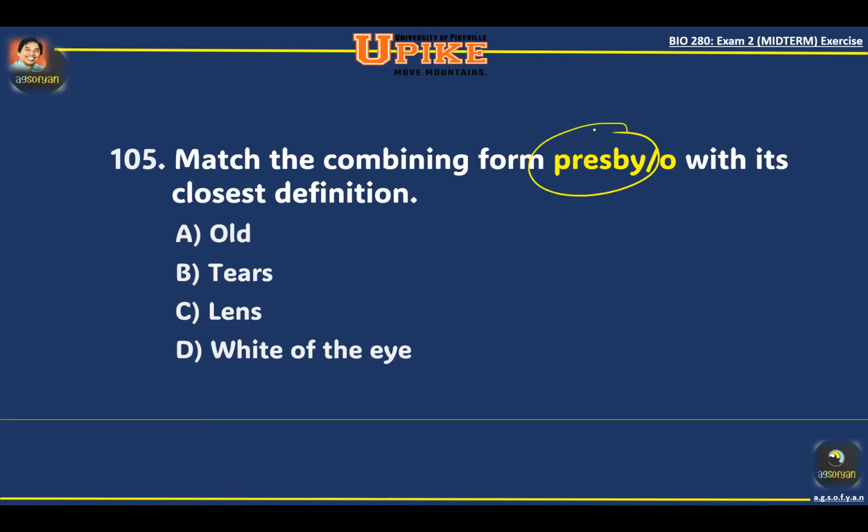Presbyo. What does that mean? Presbyo usually happens in older people when they cannot really see objects up close. So when they read the newspaper, they put it farther from their eyes. So this means old. Old eyes. Presbyo means old.